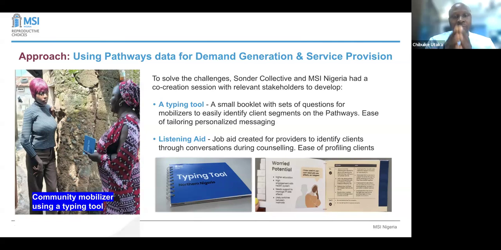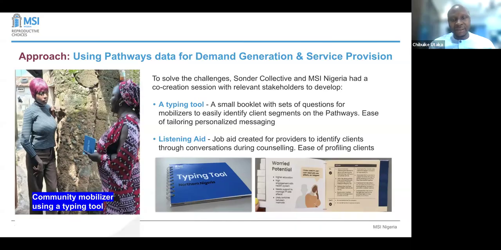And that was basically what helped the mobilizers to tailor their messaging depending on who they've met, whether in the rural or the urban communities. Using the typing tool, it was easier to go straight into the profile of the person and know the kind of messaging and the kind of things that would be relatable to the person.